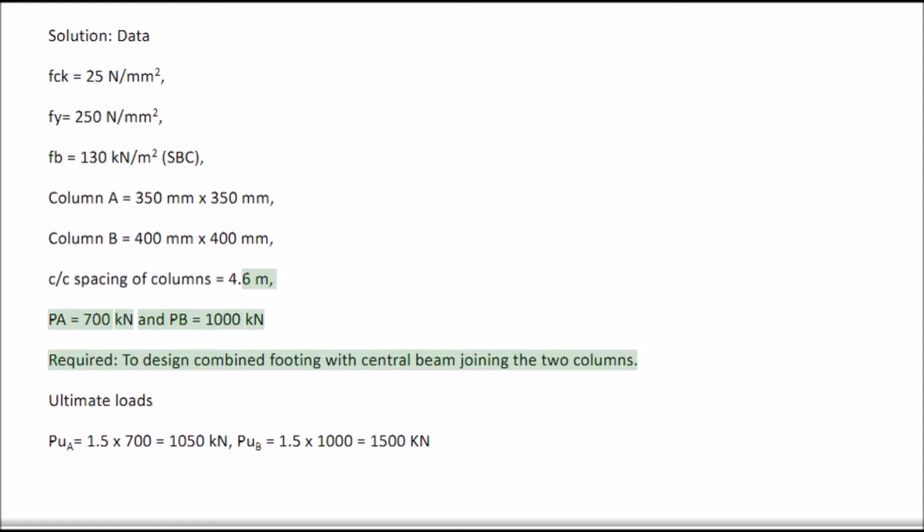Required to design combined footing with central beam joining the two columns. Ultimate loads: PuA equals 1.5 x 700 equals 1050 kN, PuB equals 1.5 x 1000 equals 1500 kN.